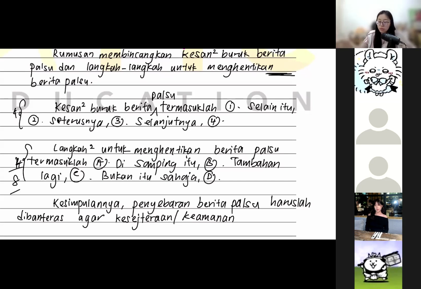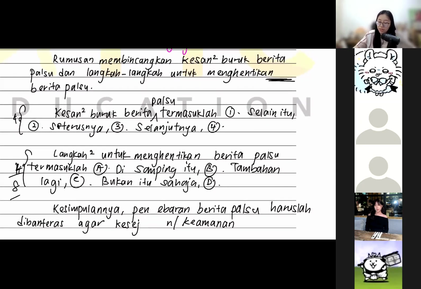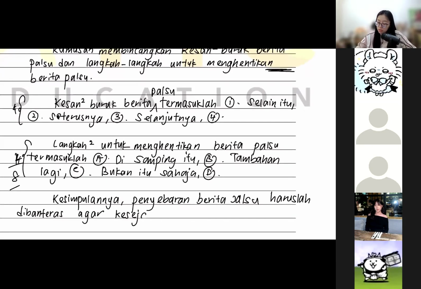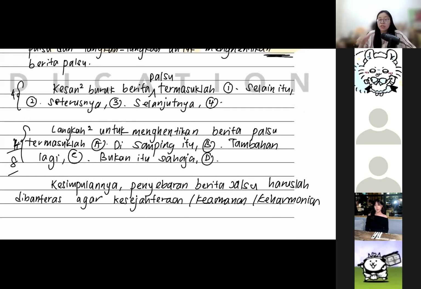So when we solve this, oh, kesejahteraan, I write wrong. Sorry, wait, let me write first. Kesejahteraan, and then keamanan, and then keharmonian. So when we didn't share the fake news, of course we can guarantee the peacefulness.